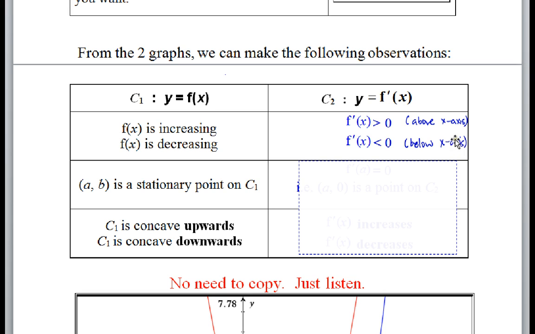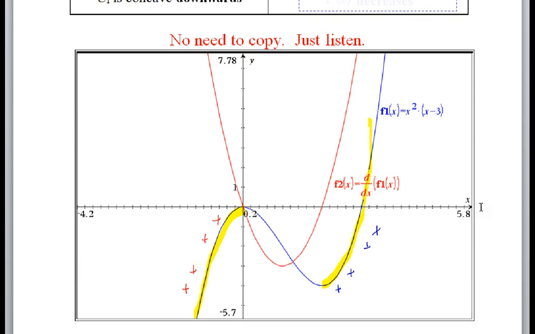Now, I want to bring your attention to two special points. One, this, and the other one on the blue graph, 2 points here. These two are what we call stationary points. Stationary points means dy dx equals 0, which means when you sketch the red graph, at this particular point, the dy dx must be 0. It must cut the x-axis.